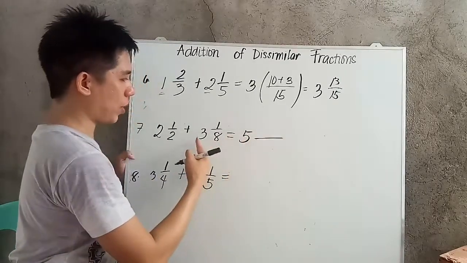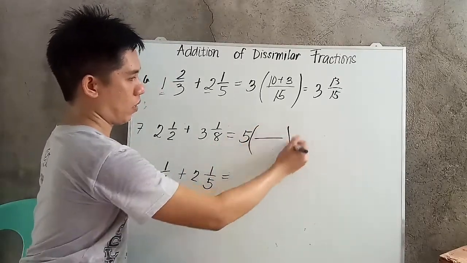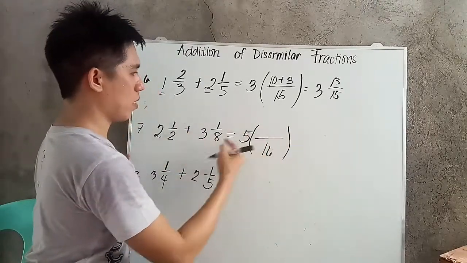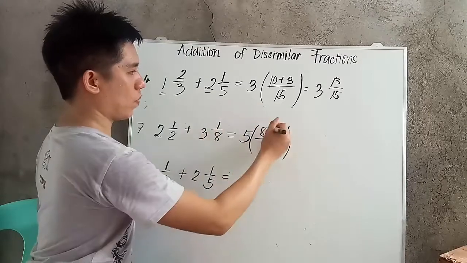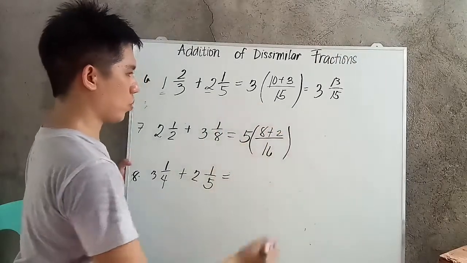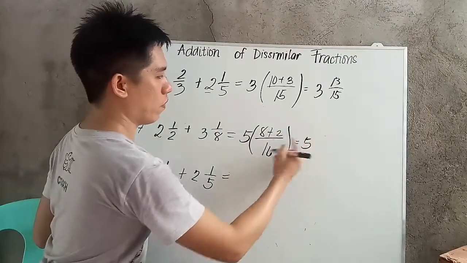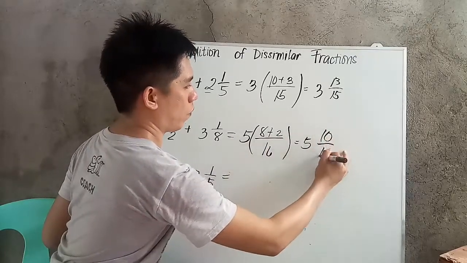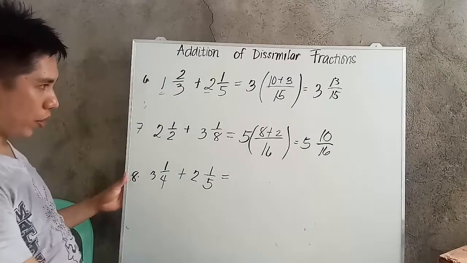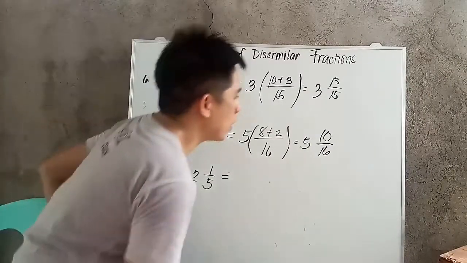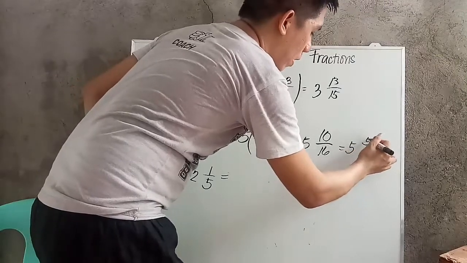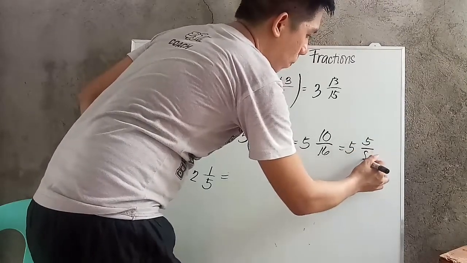For the denominator, we multiply, and this will become 16. Then 8 plus 2 is equal to 10 over 16, or that will be 5 and 5 over 8.